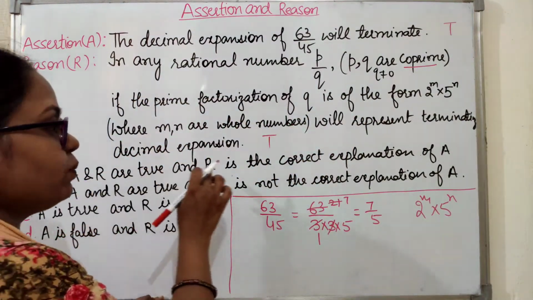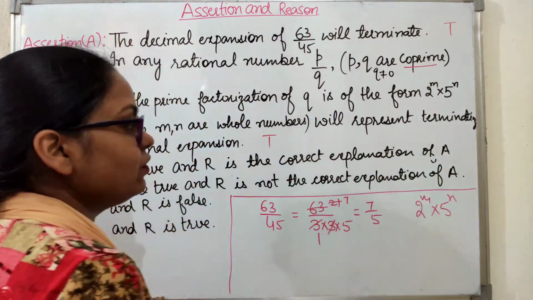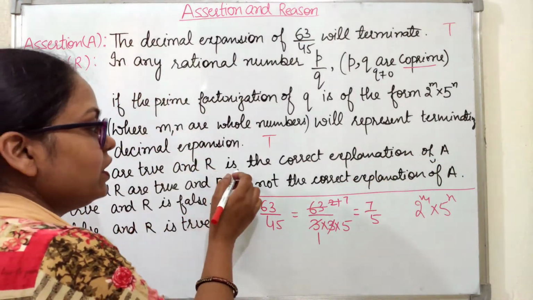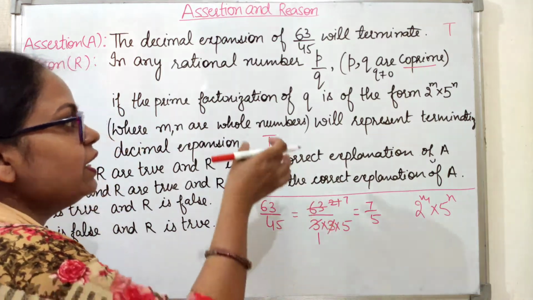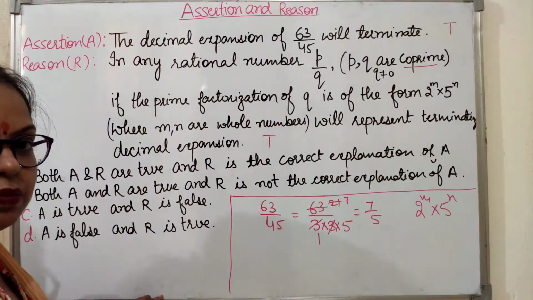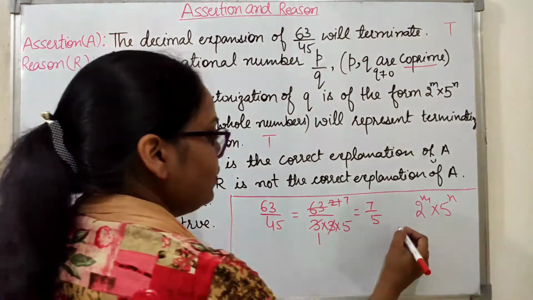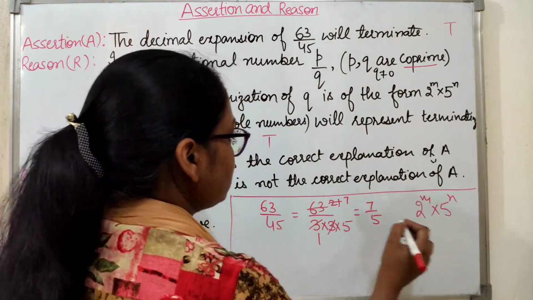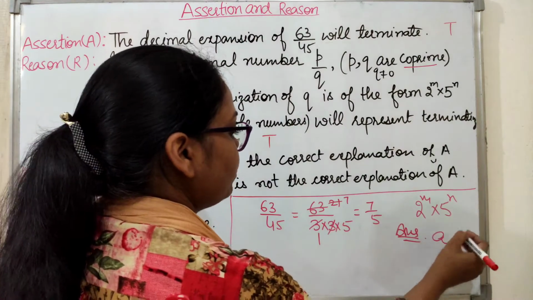The first option will be the right answer, because the first option says R is the correct explanation of A. So the answer of this question is A option.